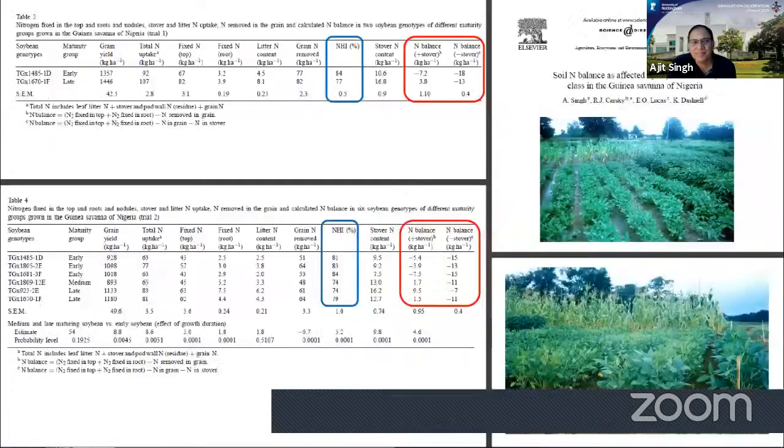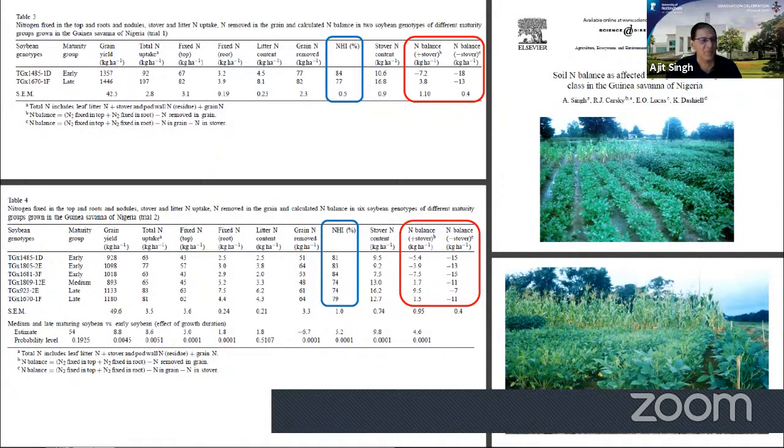Yes, next slide, please. This is research work that was conducted long ago, so I'm using it just for demonstration purposes here. We grew different varieties of soybean: some early, some late. The early varieties are improved varieties, very efficient, with a high harvest index.